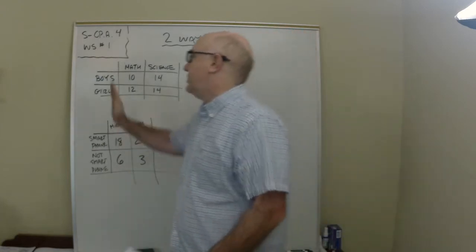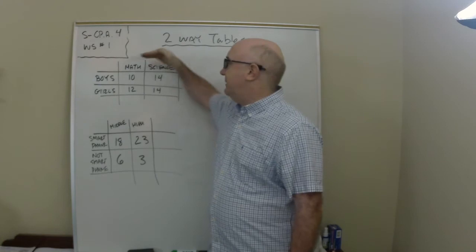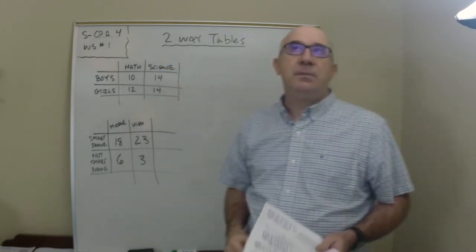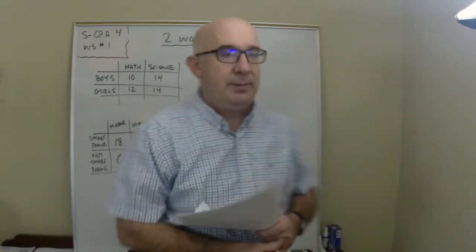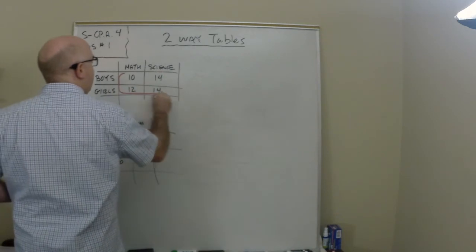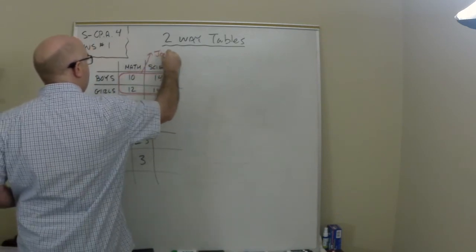Basically a two-way table just means that there is data on this side getting gathered this way and data here gathering this way. And there are some terms that get used. The area in here, the main body of the table, are called the joint values.